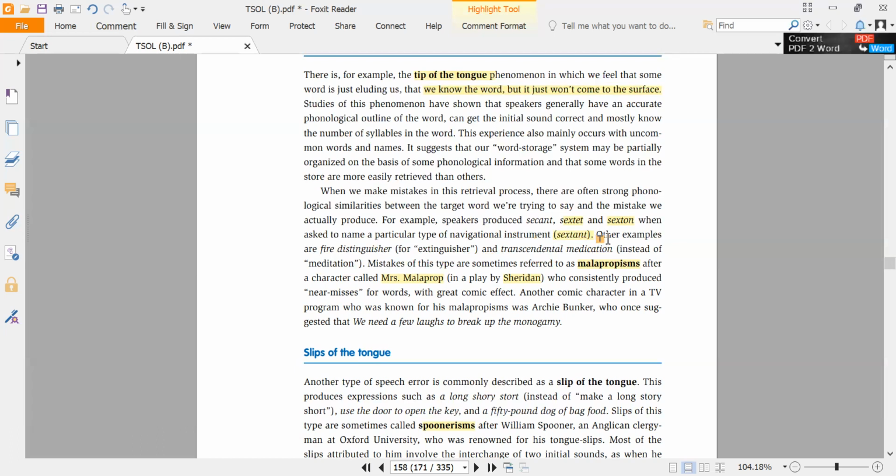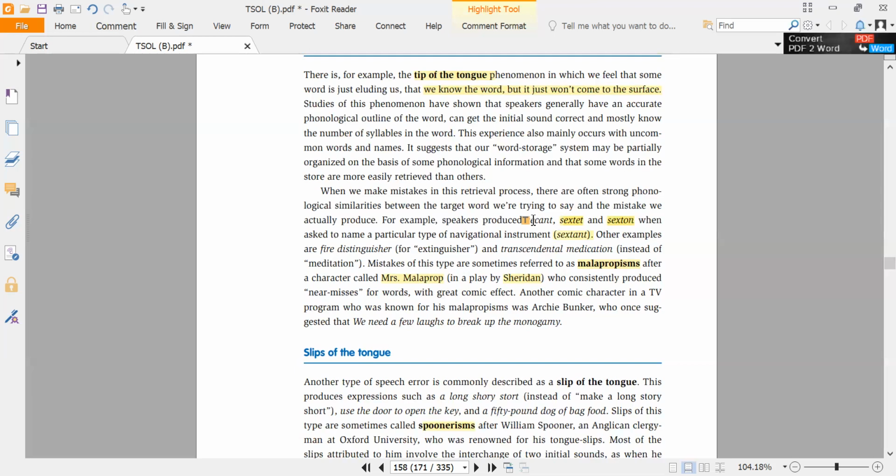So what happened? Instead, mistakenly they came up with these words, sextant or sextate, right? So a near miss means that you miss a word, you utter a nearly, or a closely related word, right?